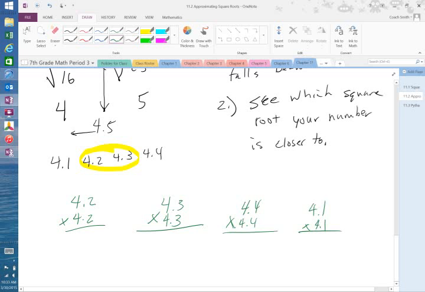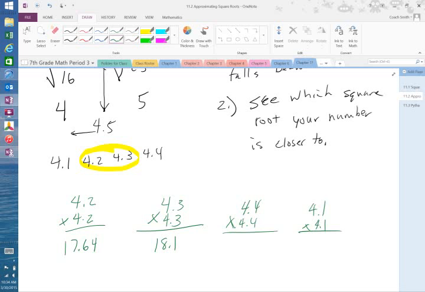All right, what y'all have? What numbers? 4.2? So you had 17.64. Okay. Nikki, what's 4.3 times 4.3? Okay, what y'all get for 4.4? Who had 4.4? Y'all did? Which is it?